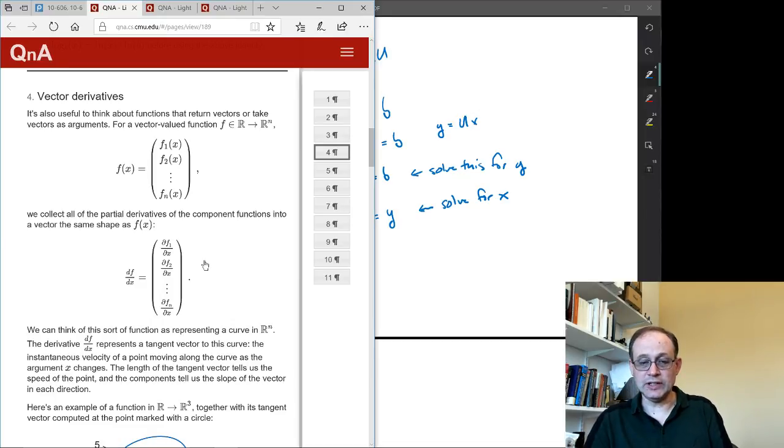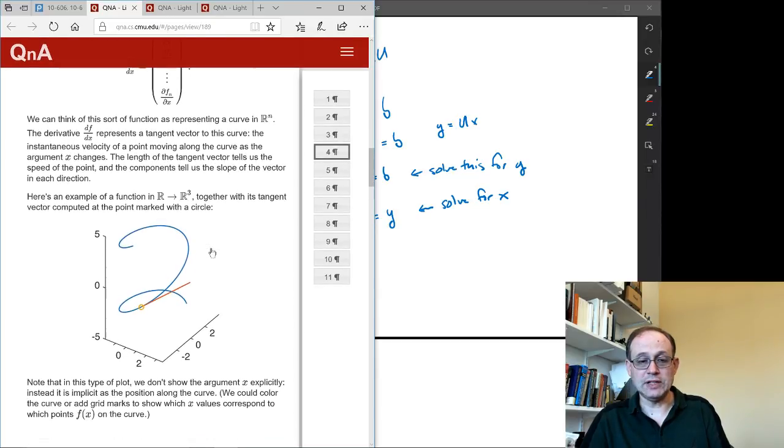Then we can collect all of these partial derivatives into a column vector, the same shape as f of x, and that's what we mean by the derivative of a vector valued function.